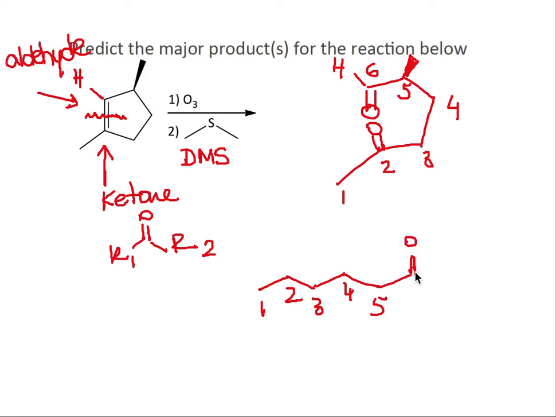And so at position 6 is where the aldehyde is. At position 5, I'm going to have that methyl, the methyl that is pointing towards me, so that's going to stay like that. And then at position 2, I'm going to have another carbonyl. So this is another way of transforming this cyclic molecule, so actually this cyclic molecule expanded into a more linear one.